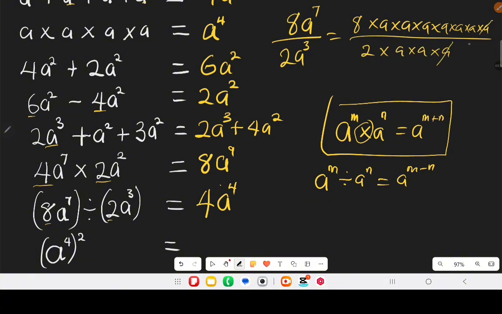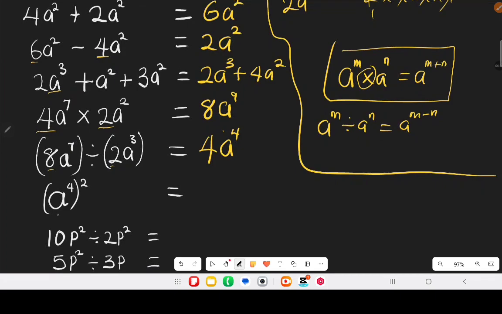This a will cancel, this a will cancel, the other a will cancel. How many a's are left? 1, 2, 3, 4. We are left with 4 a's, and because we are multiplying, it becomes a raised to the power of 4. Then 8 divided by 2 gives us 4, which is what we had before.